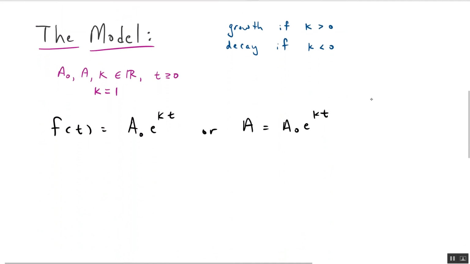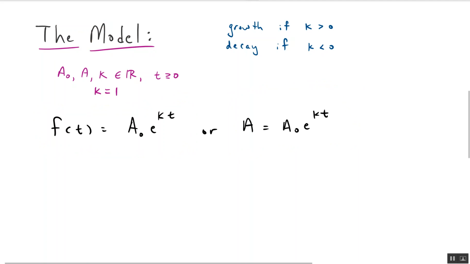So here's the model. What we're dealing with really is something that looks similar to the left, f of t equals a naught e to the kt, or here on the right, A equals a naught e to the kt.